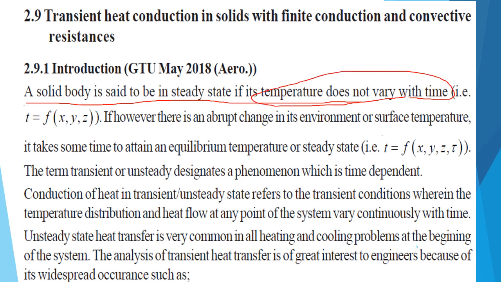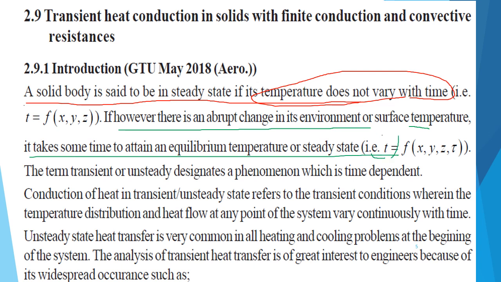But when we talk about unsteady state heat transfer, you can see the surface temperature will vary with variation in the time, and this temperature is a function of the x, y, z coordinate system plus time tau.